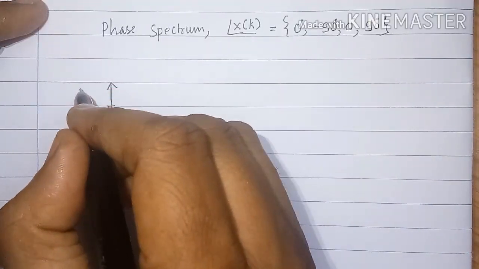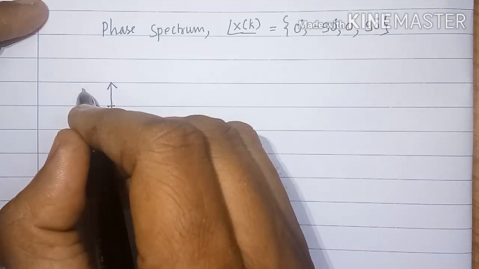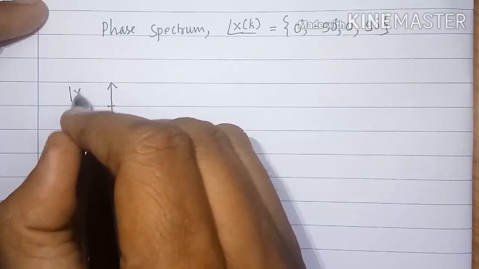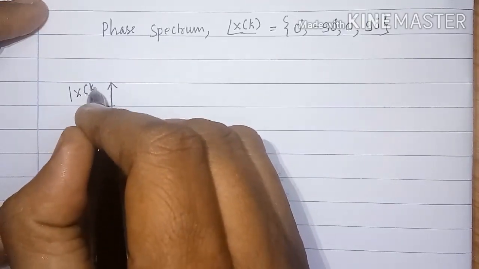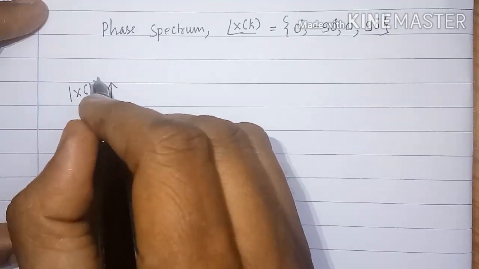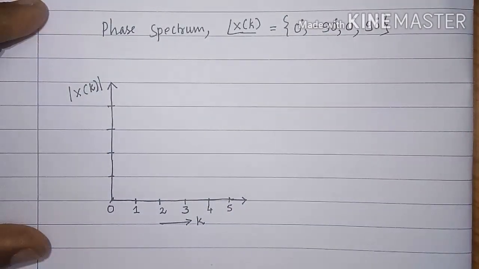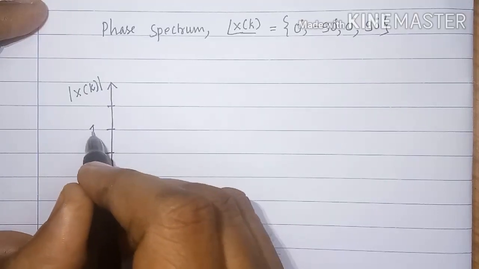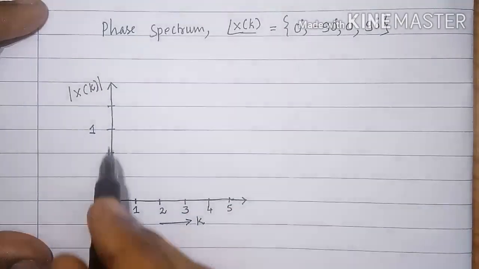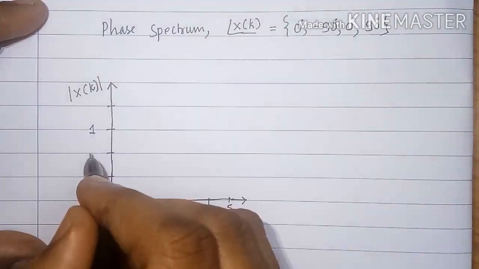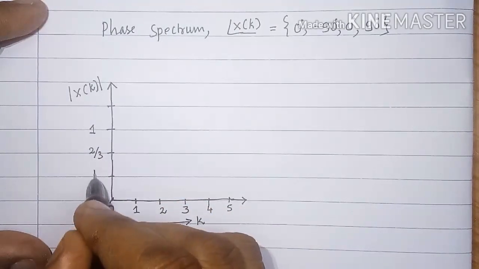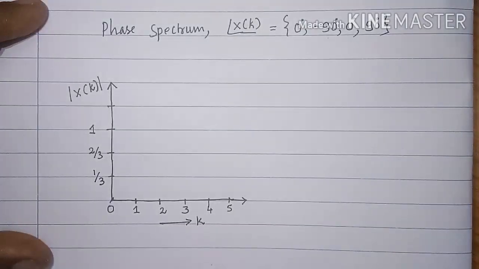On y-axis we will take absolute of x of k. If I take third line here as 1, then second line will be 2 by 3 and the first line will be 1 by 3.